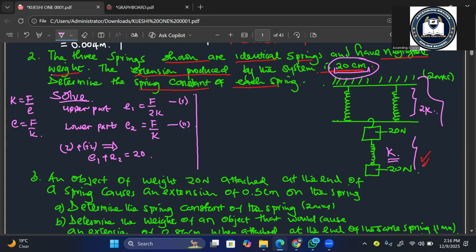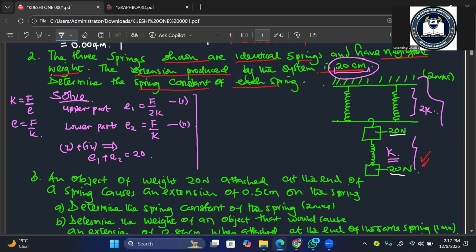Then you replace, that is F over 2K. So you ask yourself, what will be the force acting on the upper part? So you can see we are having 20 and another 20. So the total force there will be 40.